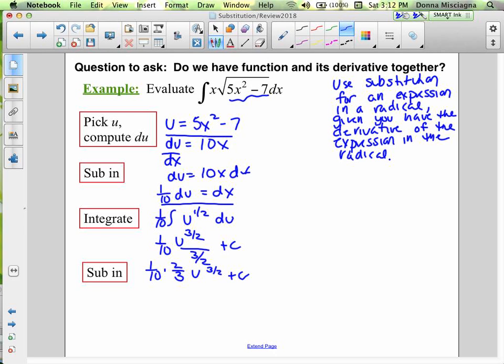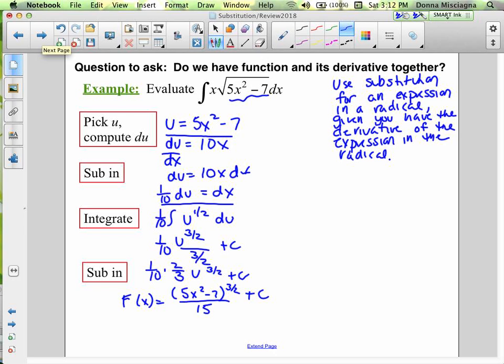All right, so that means that f of x is, so the 2 and the 5 would reduce, that would be 1/15, or I could just write the 5x squared minus 7 to the 3/2 power divided by 15 plus c. And there we go.